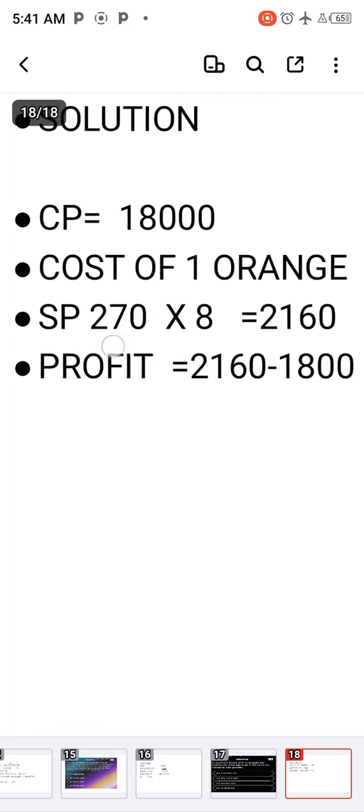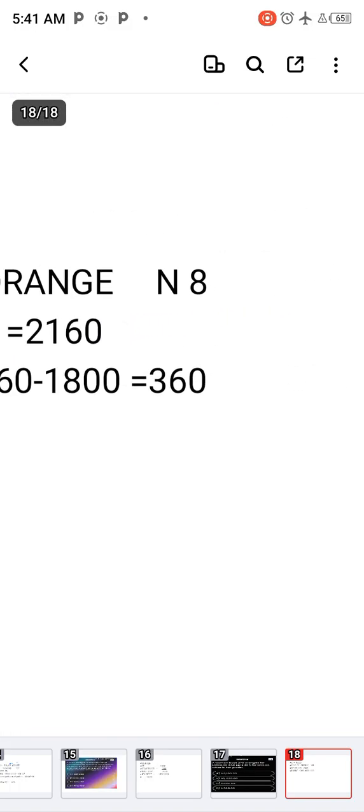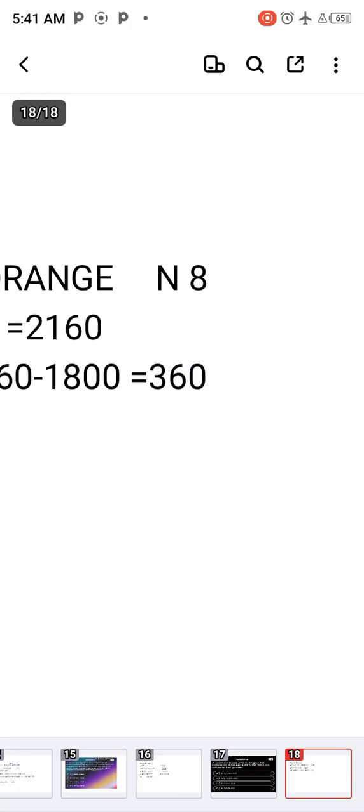So the selling price of one orange is 8 naira. How did we arrive at this 8 naira? It is 40 divided by 5 because the woman sold 5 for 40 naira. So each orange will be 40 divided by 5, which is 8 naira.